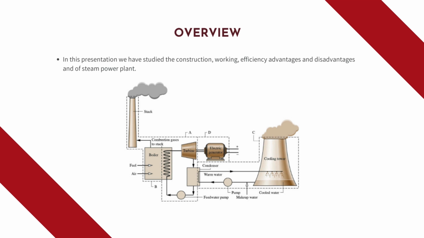There are different types of power plants including thermal power plants, hydroelectric power plants, nuclear power plants and renewable energy power plants. Thermal power plants, which use fossil fuels such as coal, oil or natural gas, are the most common type of power plant.